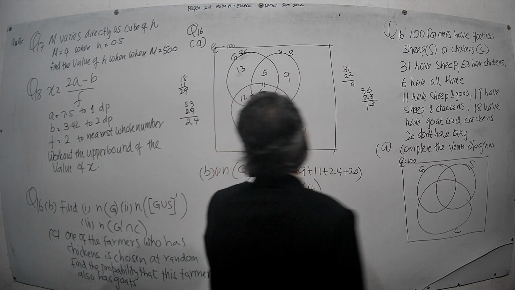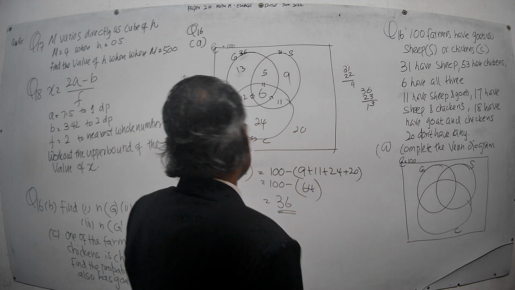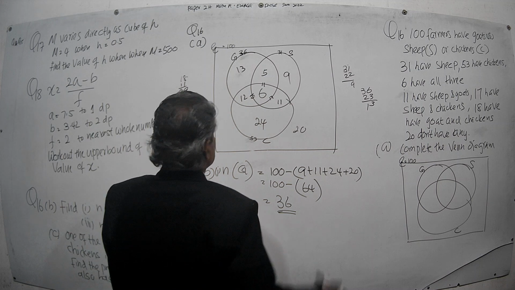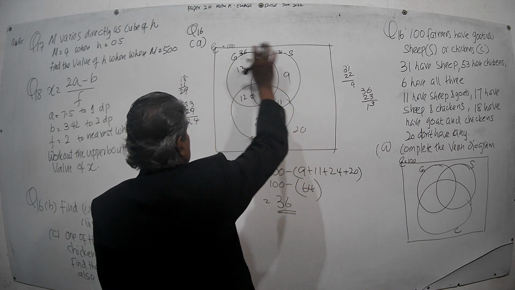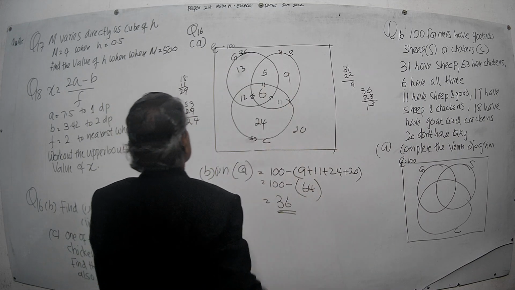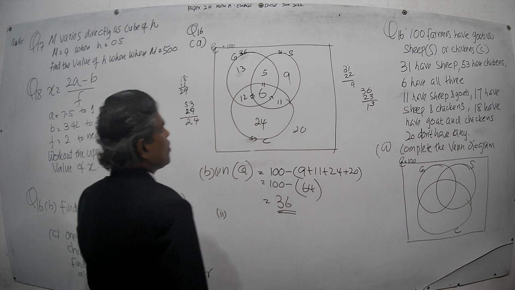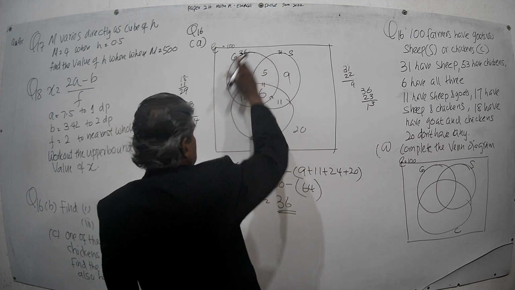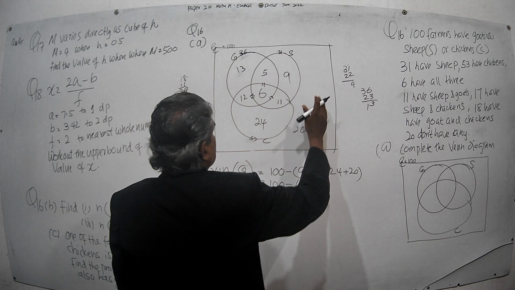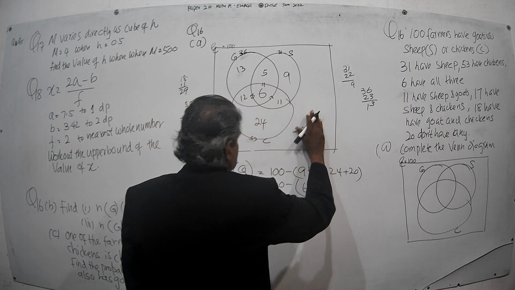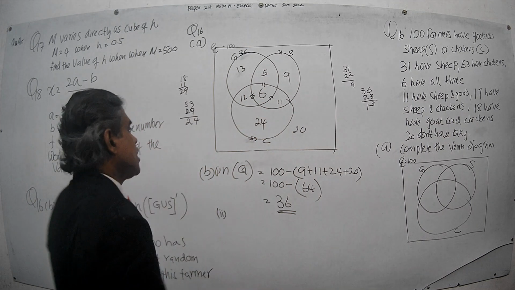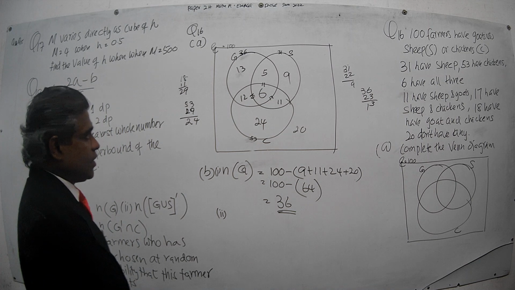Having goats or sheep is this whole thing, this circle and this circle. Then not having means you except both the circles and what is left is only this part and this part. Then 24 and 20.